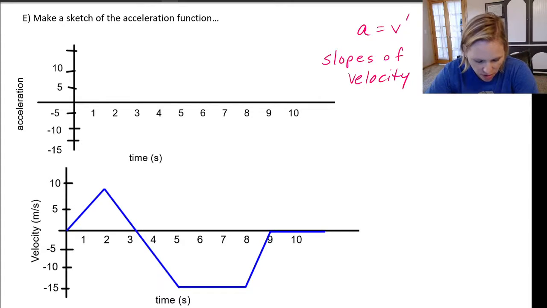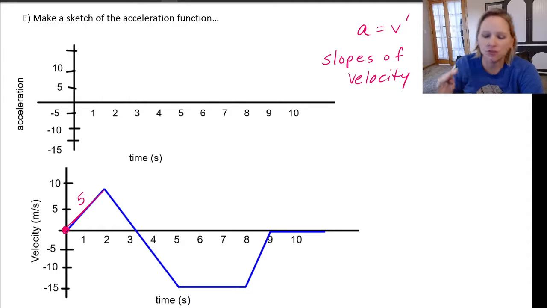So let's do this. For this chunk right here, I go up 10 over 2. This has a slope of 5. So my acceleration throughout this segment is 5. And remember, when we graph a derivative, if the endpoints are closed, that means we consider it to be differentiable at the endpoints. But anywhere we have a sharp corner or a cusp, the derivatives as we approach that spot from the left and from the right have to be approaching the same value.